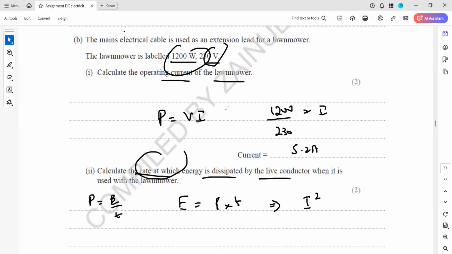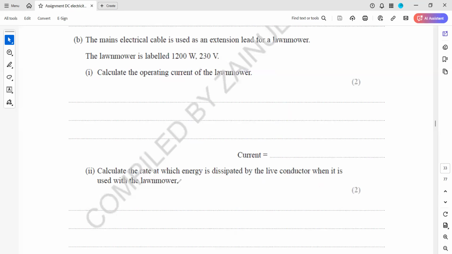Rate of energy dissipation means power, because they mention energy dissipation, but rate of energy dissipation, like energy loss, is P equals I squared R. So the power dissipation formula is always I squared R, because the current and the resistance both affect how much energy will be lost. The current we calculated was 5.2.